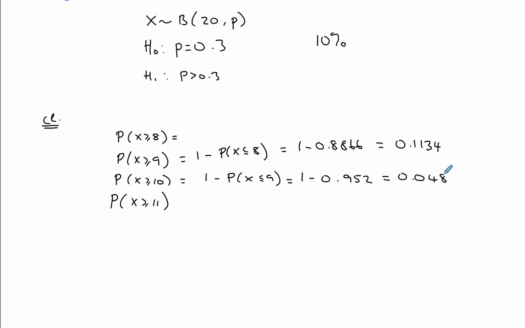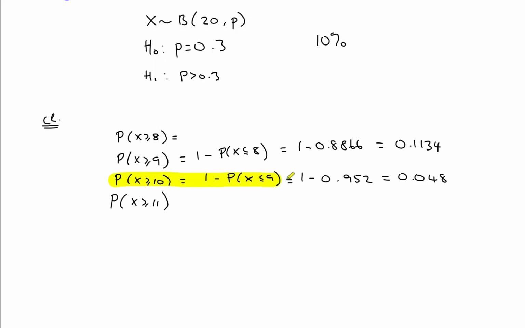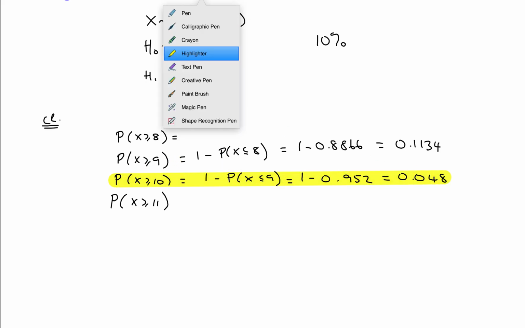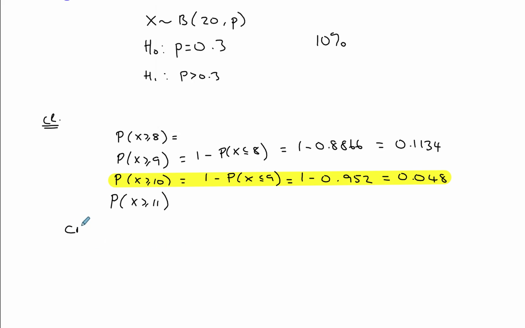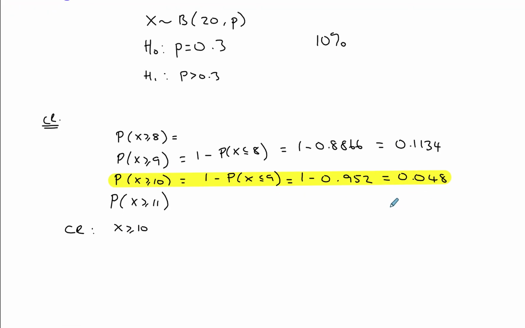So the first value below 5%, the one we're interested in, is greater than or equal to 10. That is my critical region. So critical region is the first one below 10% this time, remember, below 10%, which is greater than or equal to 10. And because the actual observation value was 9, that means we're in the acceptance region again, so we would again reject the alternative hypothesis.